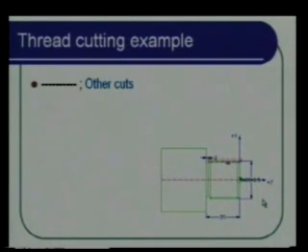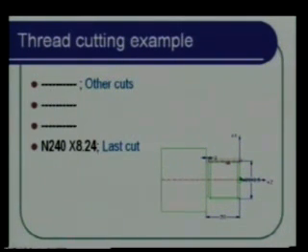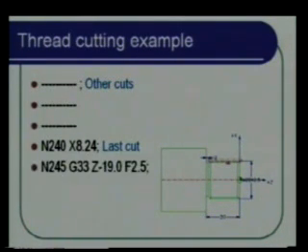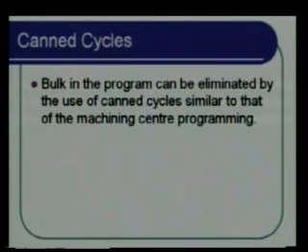Similarly we take all the other cuts, and then finally you take the last finishing cut, go through it, again giving G33. So what you notice is the programming is very similar. It almost looks like turning, it's no different. The only difference is we have to add the G33.